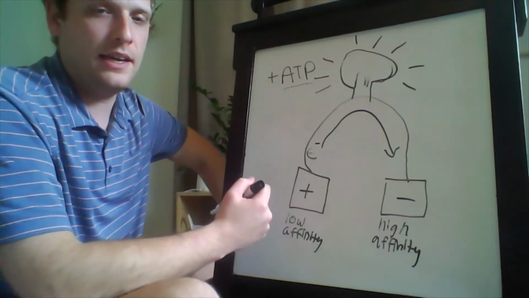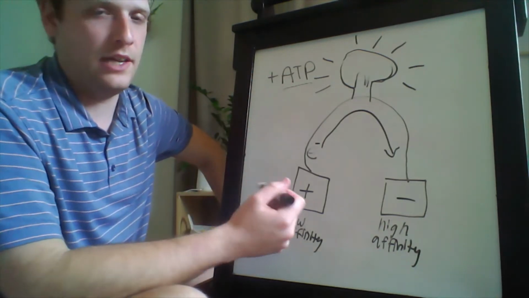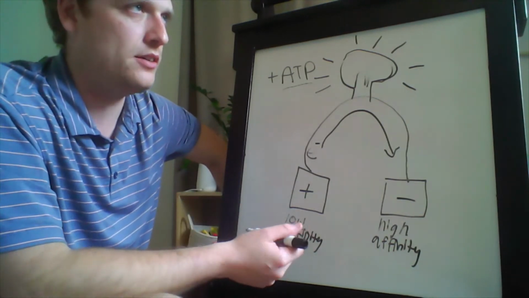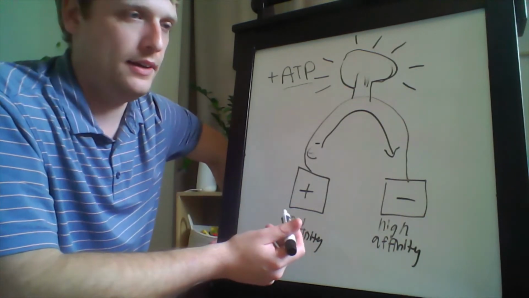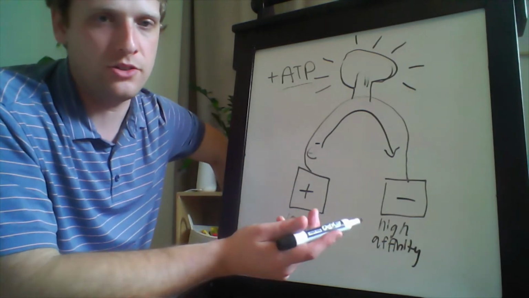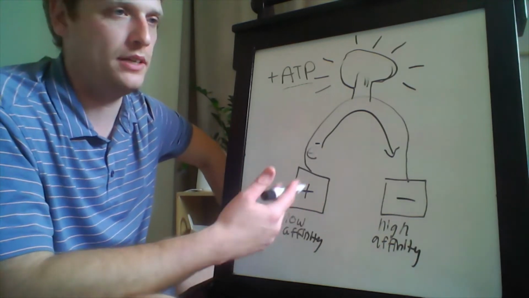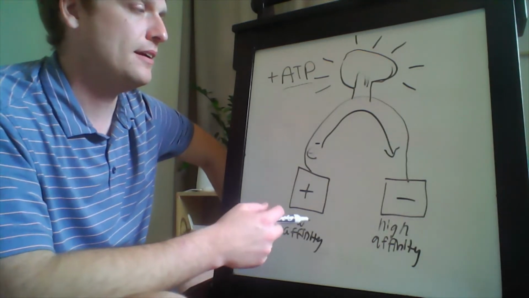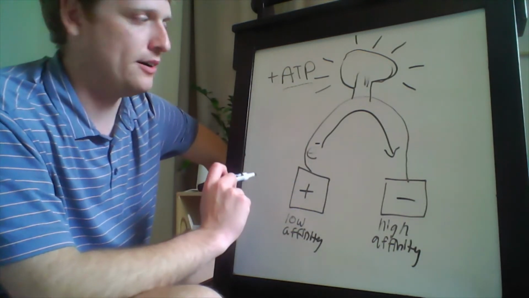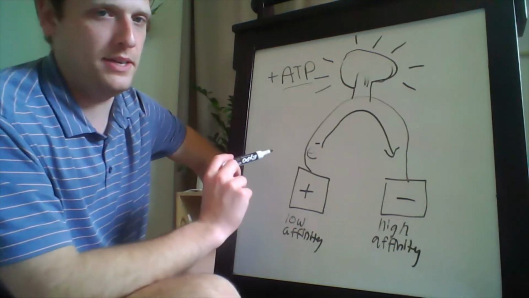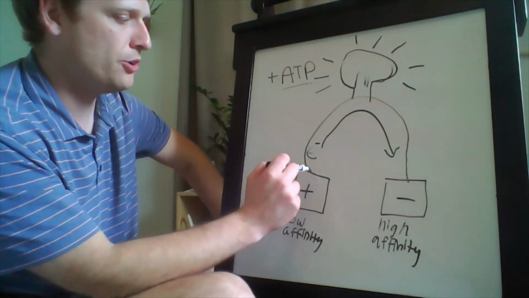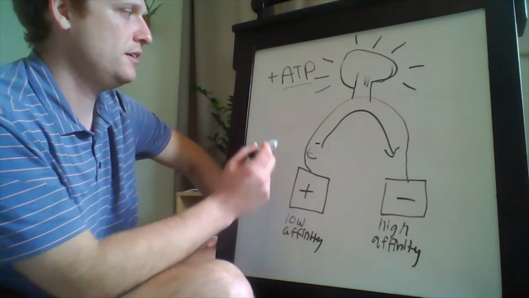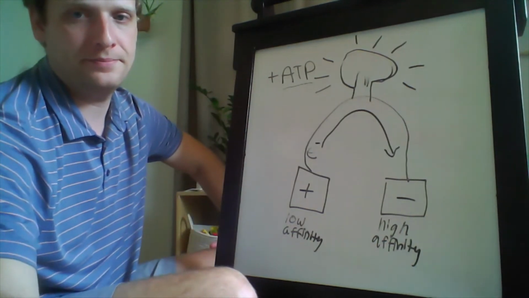And then splitting that ATP can release energy that can be used to do all sorts of work, like synthesis reactions or pumping a substance against its concentration gradient, so putting a substance where it normally wouldn't be flowing. Whatever processes require energy, you can use ATP to do that. So your mitochondria are going to harness the flow of electrons to produce ATP.